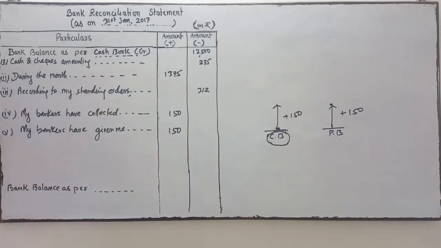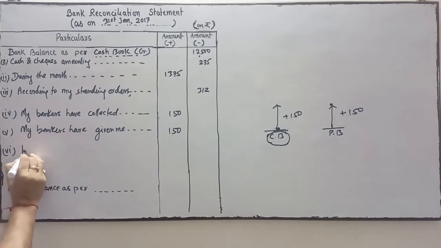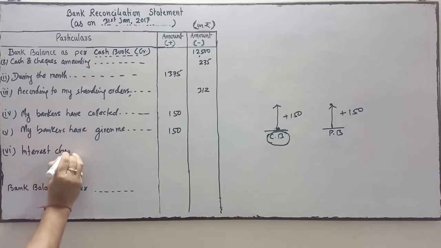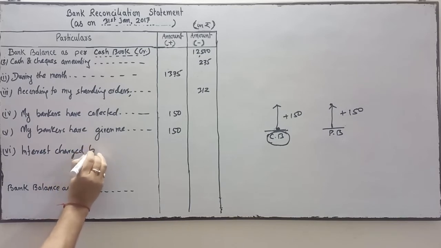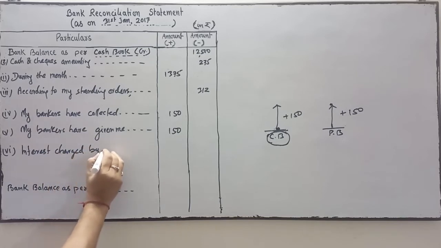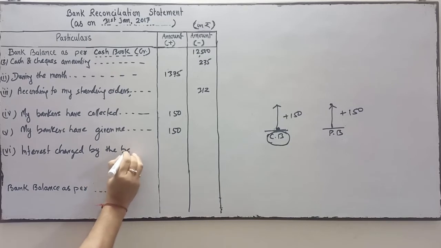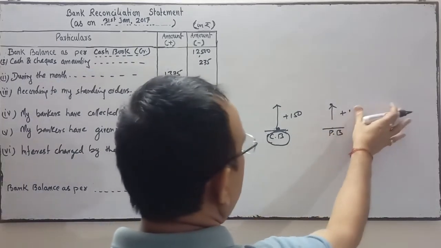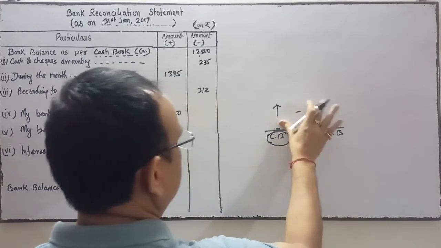Okay. Next is point number 6: interest charged by the bank, rupees 125.